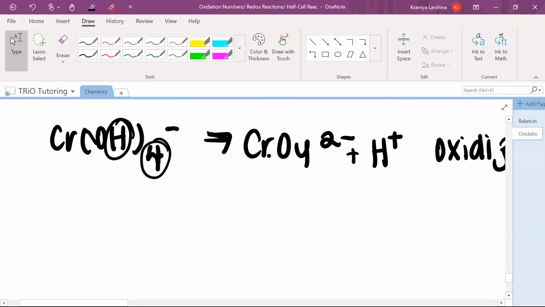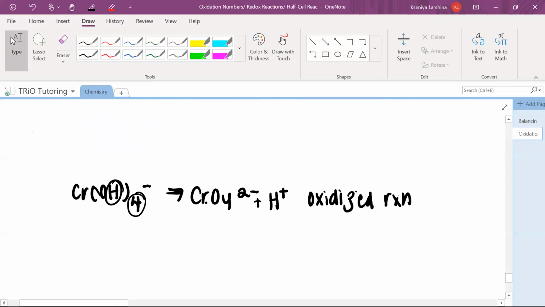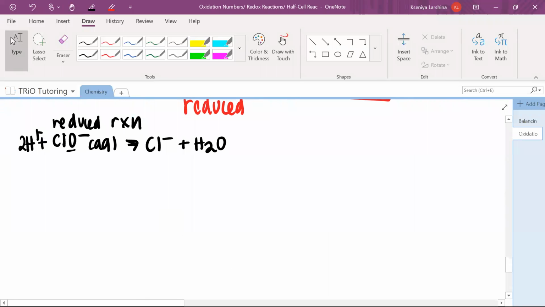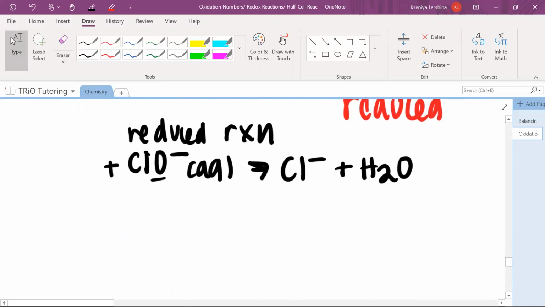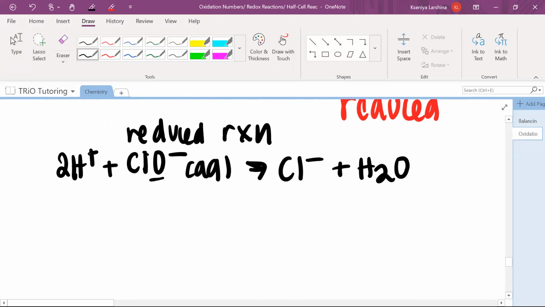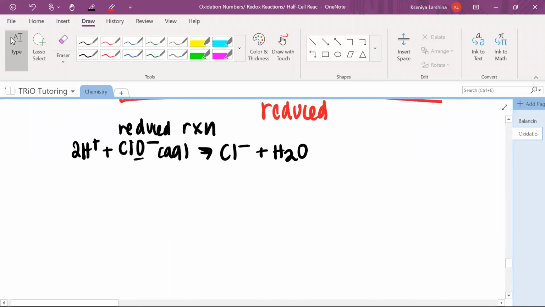Sorry, that's my mistake. Then we add our electrons. Wait, that was right. Add our electrons to balance them out.